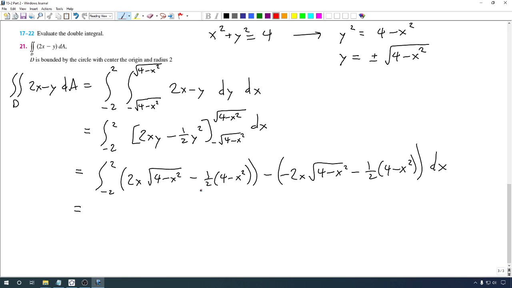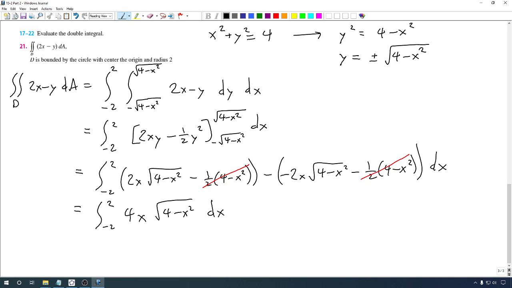What actually cancels out is the negative 1/2 of 4 minus x squared minus itself. So all the signs work out so that those cancel each other out. The parts with the square root actually combine because these two negatives end up making this plus itself. So we end up getting the integral from -2 to 2 of 4x square root of 4 minus x squared.